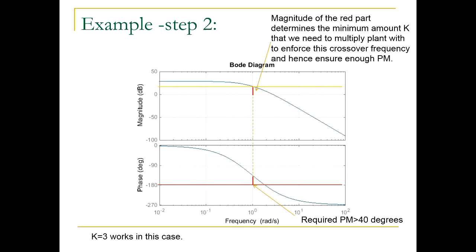So it has to bring down the plot. If the plot was below 0, we would need to shift it up, right? So in this example, we need to shift the plot down by the amount of red gain that's given here.